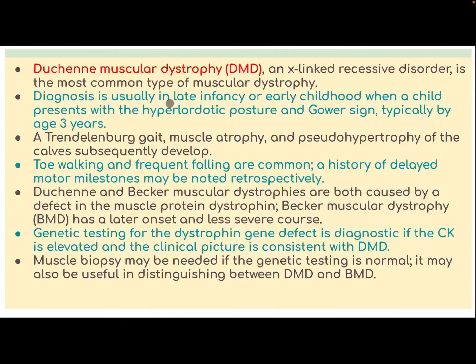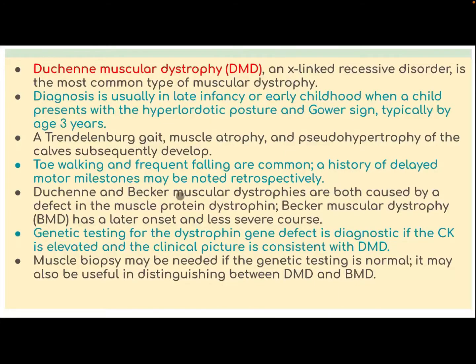Diagnosis is usually in late infancy or early childhood, when a child presents with a hypertrophic posture and Gowers sign, typically by age 3 years. Trendelenburg gait, muscle atrophy, and pseudohypertrophy of the calves subsequently develop. Toe walking and frequent falling are common. History of delayed motor milestones may be noted retrospectively.